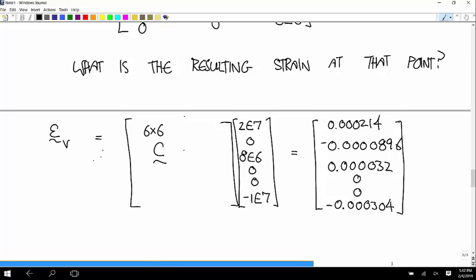So in the YZ plane, those angles that start out at 90 degrees are still 90. We're going in this funny order again, remember? So that's the fourth value here, the YZ strain. So that's still 90. What about XZ?